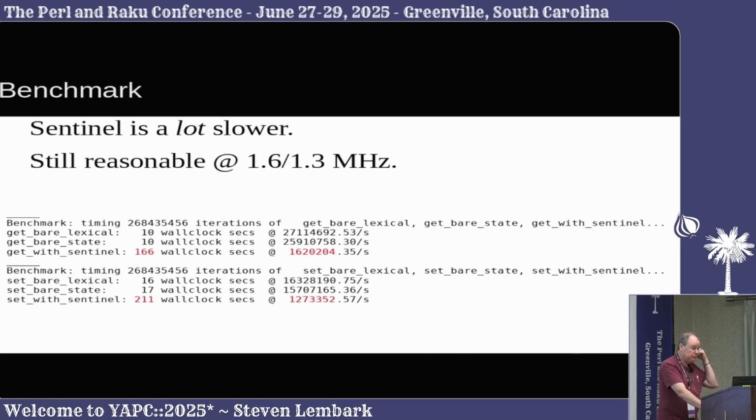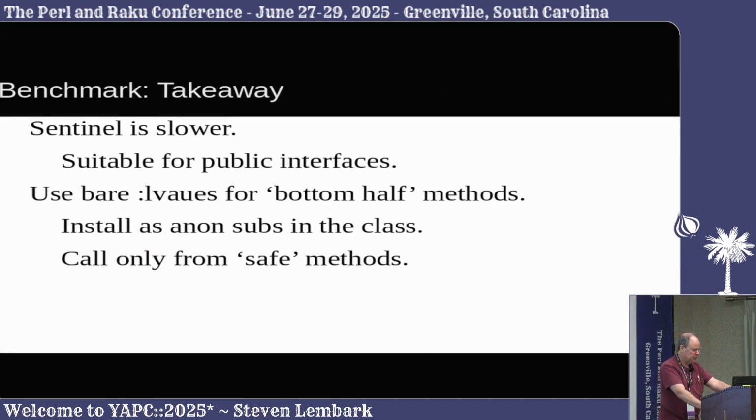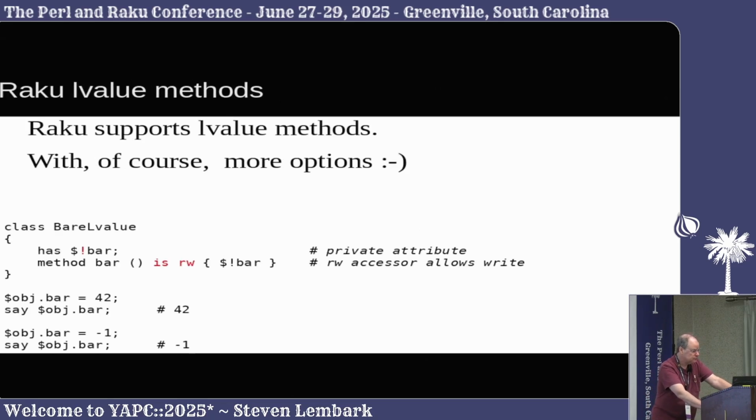And that allows you to put perfectly good boilerplate, and then the L-valued methods give you a really nice, clean, simple interface. You don't have to worry about set underscore, get underscore. You just have the name, and you either assign to it or read it. So Sentinel's slower. If you use the bare L values in the bottom half of your code, in the safe parts, you can go fast enough that you don't care.